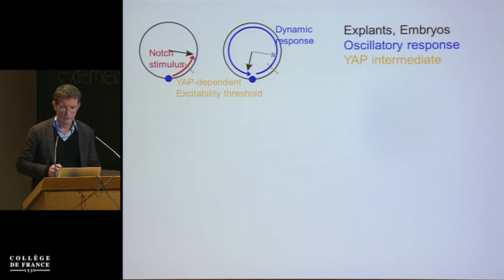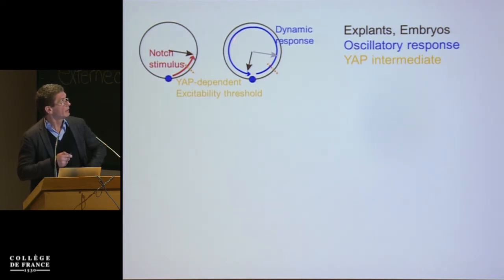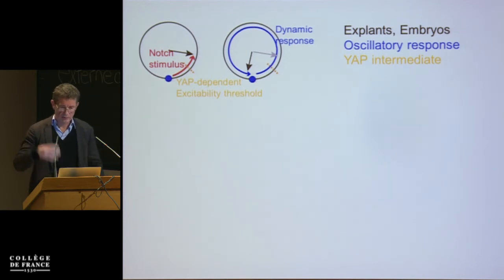And so that's the way we interpret this data, by postulating that Notch in this context acts as a component of the stimulus, a bit like the current in the action potentials, and is able to trigger the system above the excitability threshold, which is controlled by YAP signaling, and that leads to the dynamic response, that is the oscillation that we see.